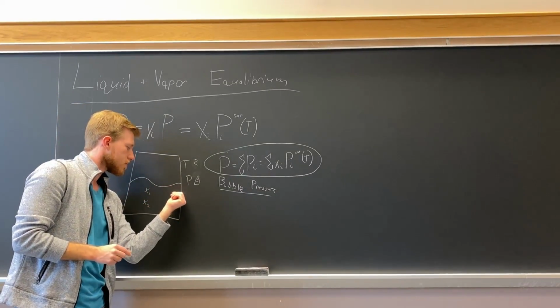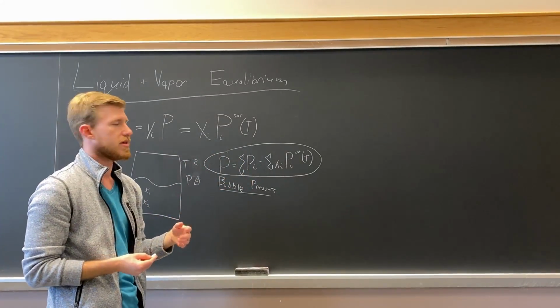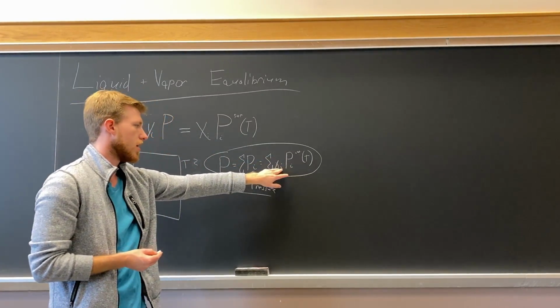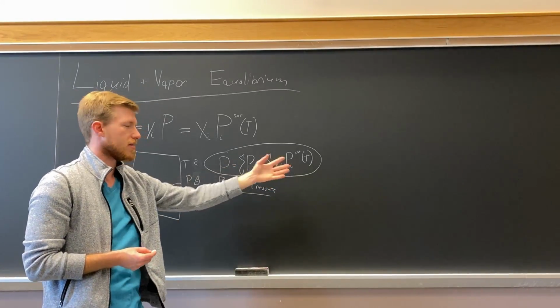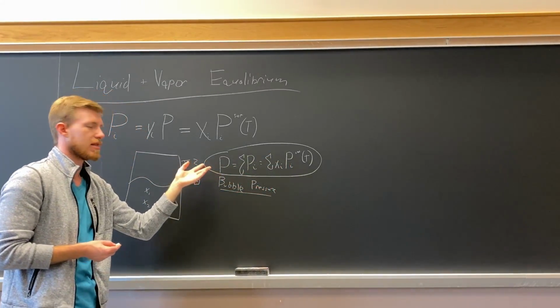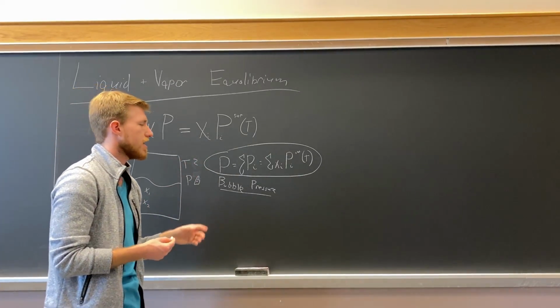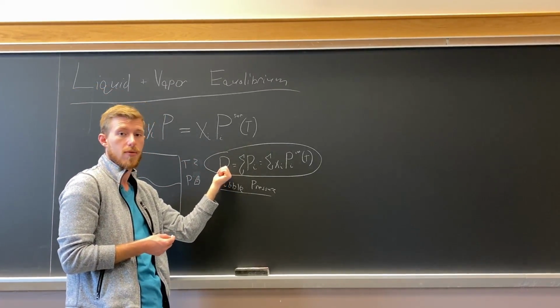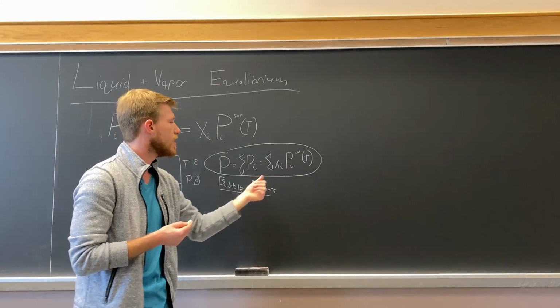Now, this is essentially the same equation, except instead of solving it linearly, where we plug in the temperature, use the mole fraction of the liquid that we're given, calculate the vapor pressure with that temperature, and then add them all together to find the pressure at which our first bubble forms, we're doing it in reverse. We have the pressure at which our bubble is going to form, or we want it to form, because it's locked in.